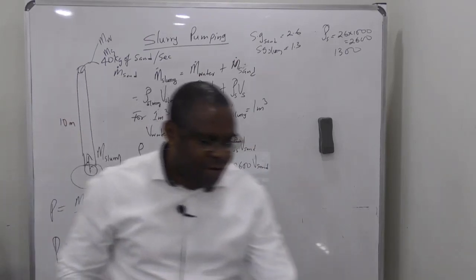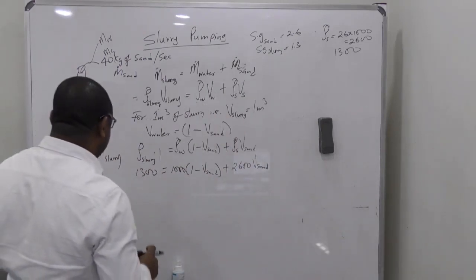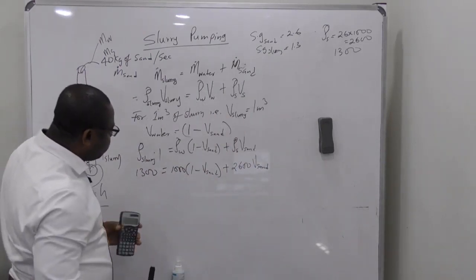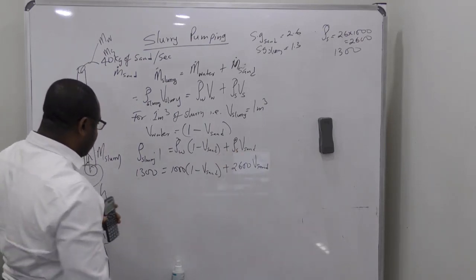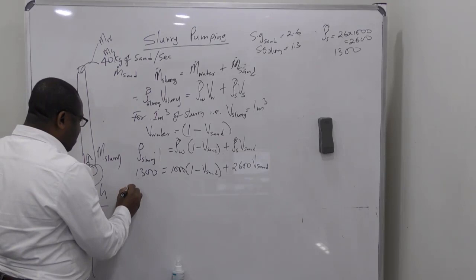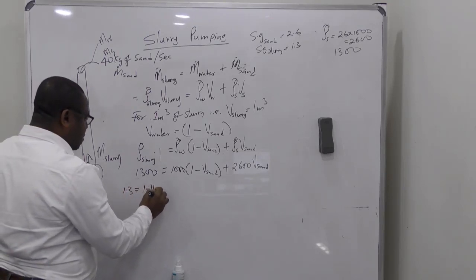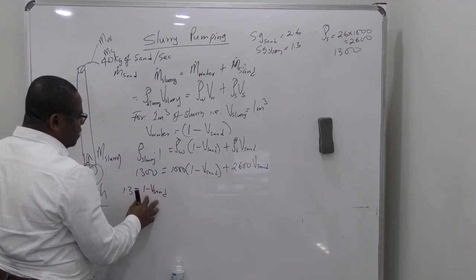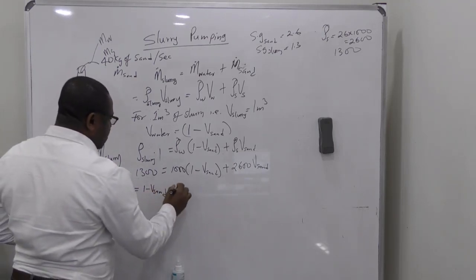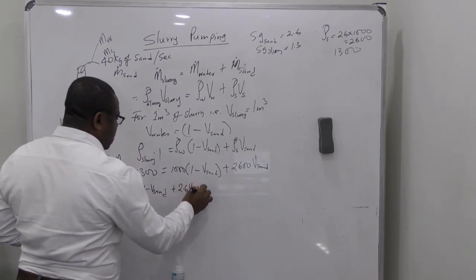You can divide all through by 1,000, so that you have 1.3 equals 1 minus V sand, plus 2.6 V sand.